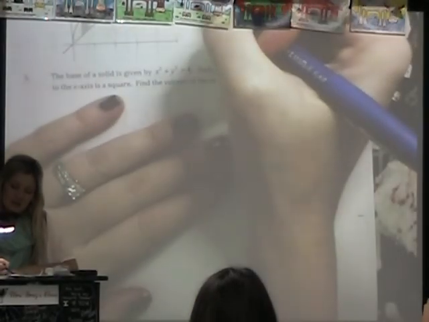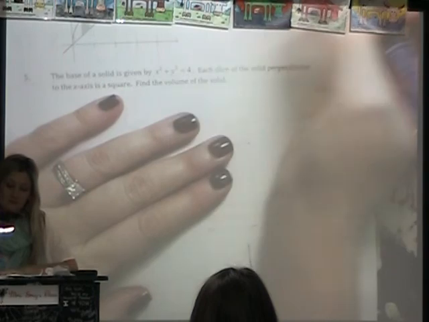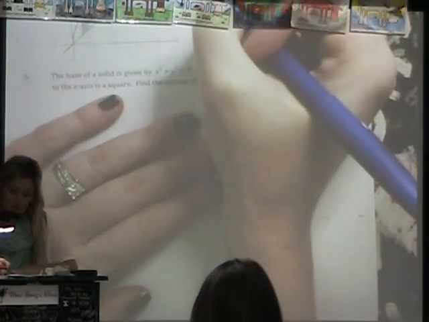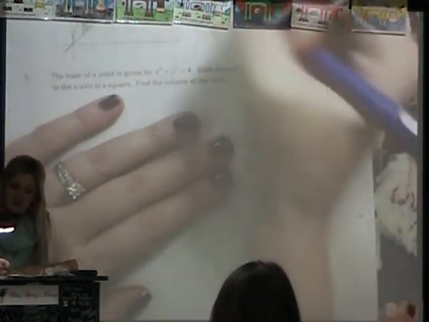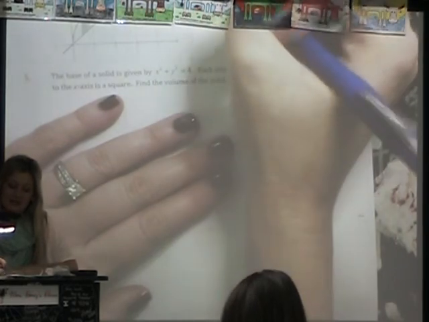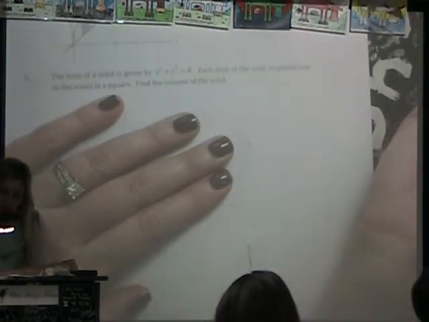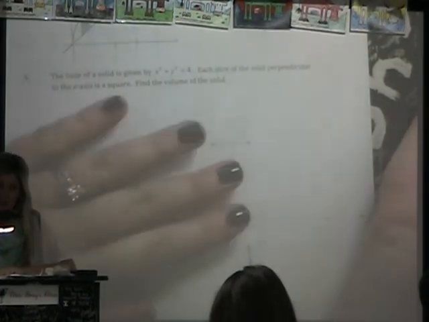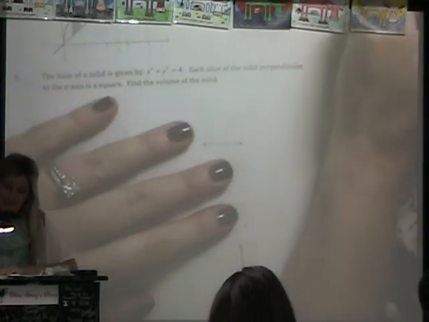So we're going to still do volume equals pi times the integral. We're rotating it about which axis? X-axis, so that means we're integrating dx.